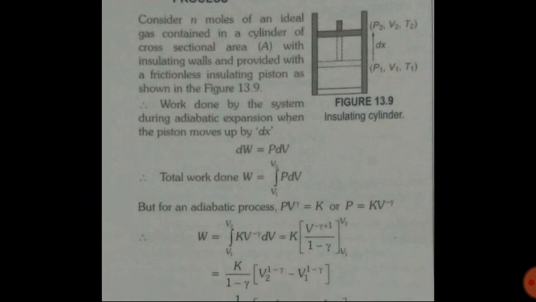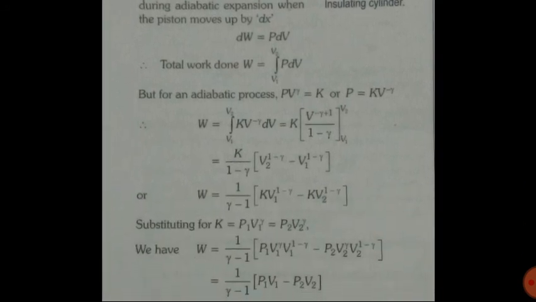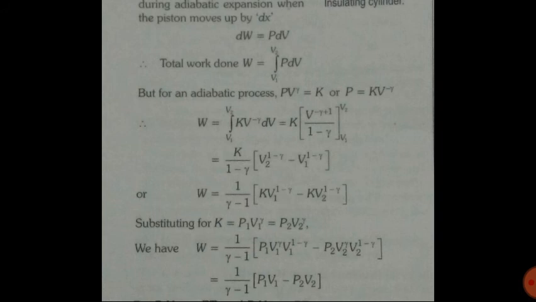Here consider n moles of an ideal gas contained in a cylinder of cross-sectional area A with insulating walls and provided with a frictionless insulating piston as shown in the figure. The small work done by the pressure is given by dW equals P dV. This we have already derived many times. Now to find the total work done in changing the volume from V1 to V2, we move the piston and thereby change the volume, as we discussed in the isothermal process.